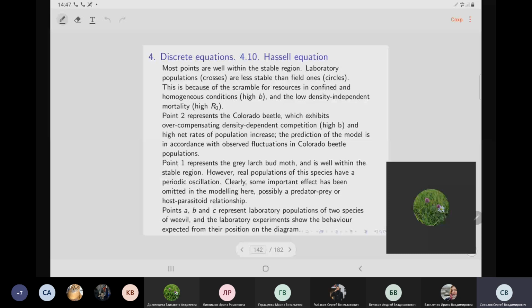Yes, there are some populations that are in the stable region, but we see some periodic oscillations. But it is also that way because of more complicated dynamics than simple self-limiting. In some of the insects, there are predator-prey or host-parasitoid relationships and so on.